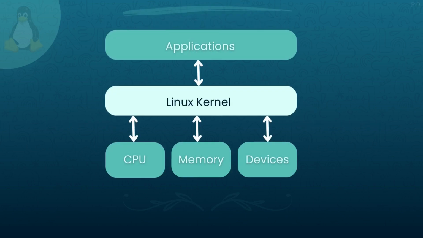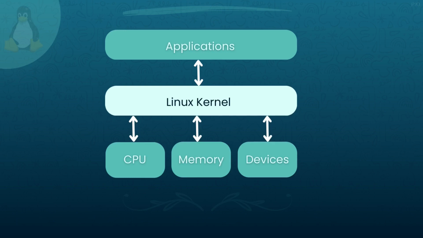The Linux kernel is the core of the operating system. It's responsible for managing the computer's hardware, memory, processes, and all the other stuff that makes Linux work. It's like a bridge between the applications we use and the hardware. It helps applications talk to the CPU, memory, and devices like video cards, so they can work properly. Different Linux distributions like Ubuntu, Fedora, or Debian all use the same Linux kernel, but they may have some differences.